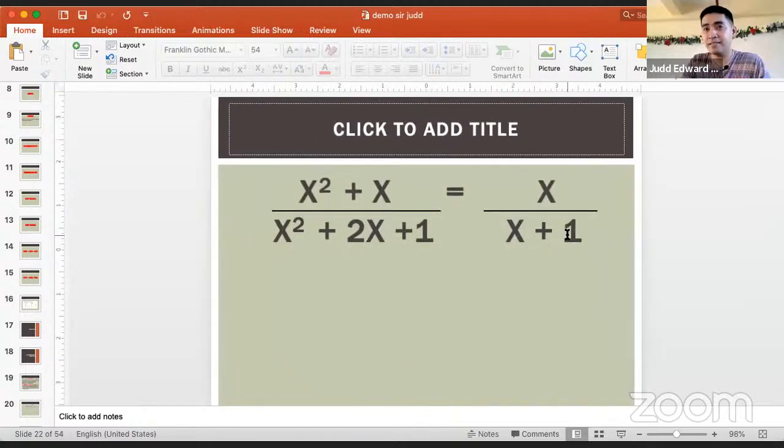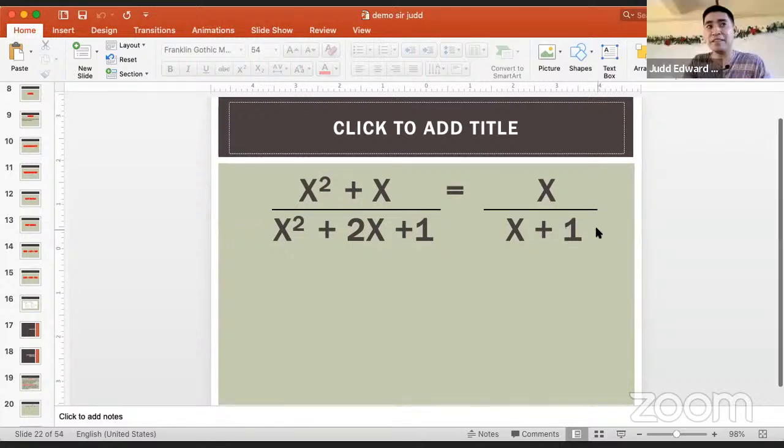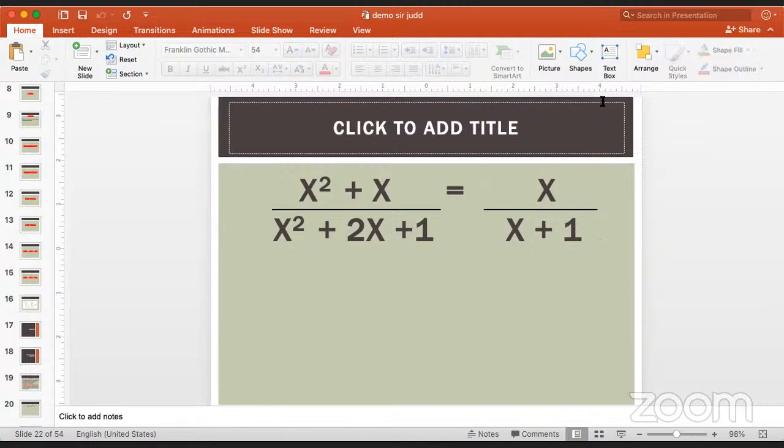Yes, Lan? Sir, my guess po, baka po identity, property po. Bakit may baka? Siguro po identity po since parang equal po sila. Pero di po ako entirely sure sir.